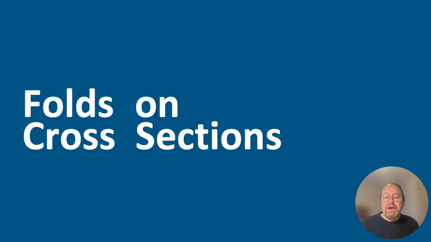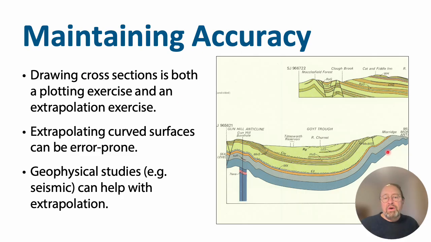So now let's think a little bit about folds in cross sections. This is something that you're going to be defining using the worked example this week, but you'll do this every time you see a geological map. Essentially, we can use the map interpretation to look at the geology of the subsurface, to extrapolate curved surfaces into the subsurface.